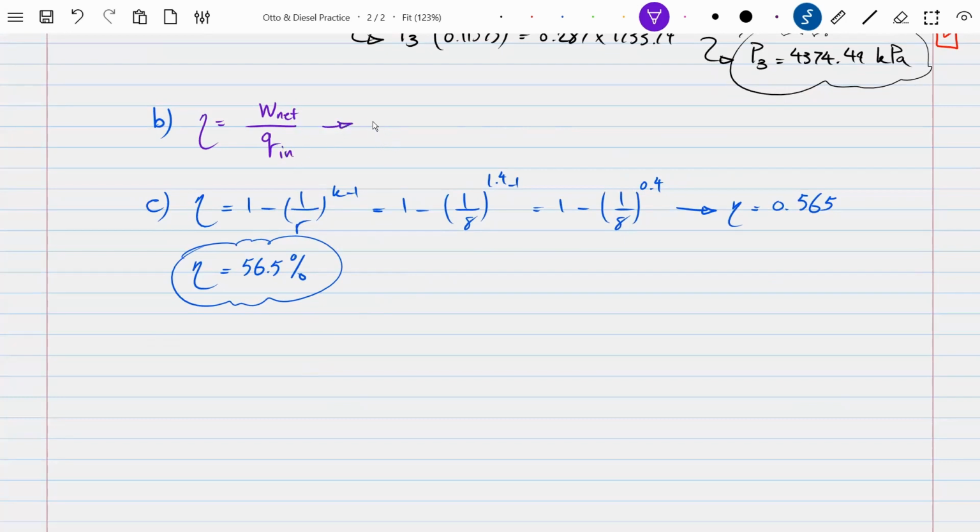So I can say 0.565 is equal to the amount of net work I'm looking for over 750 kilojoules per kilogram worth of heat added to this cycle. Using a calculator, we can easily find that the net work is 423.75 kilojoules per kilogram.